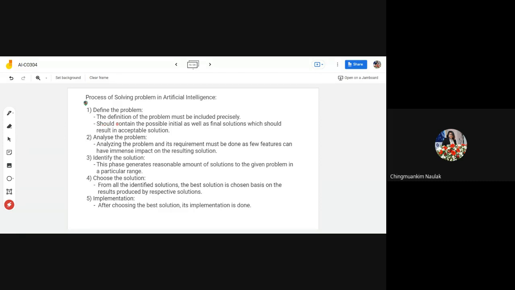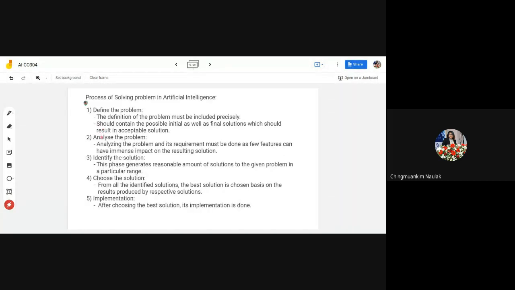Whenever a problem arises, the agent must initially define the problem precisely, in such a way that the particular state space can be represented through it. When I say state space, I mean the set of all states reachable from the initial states. That is called state space.